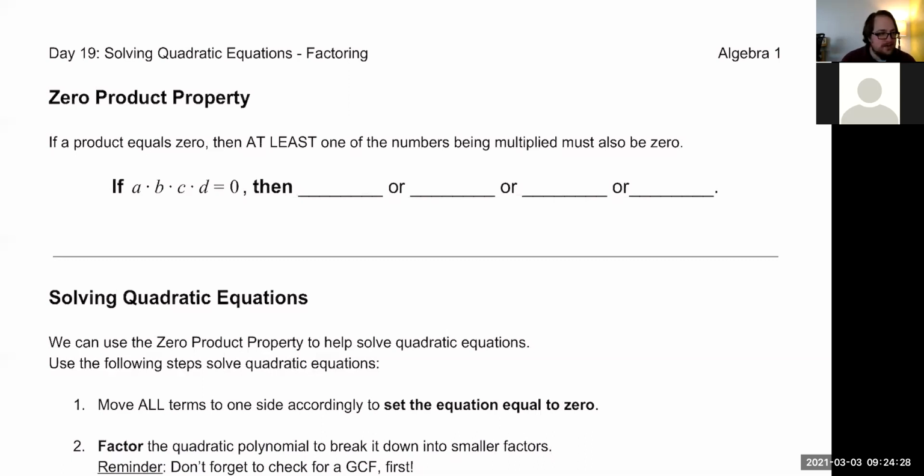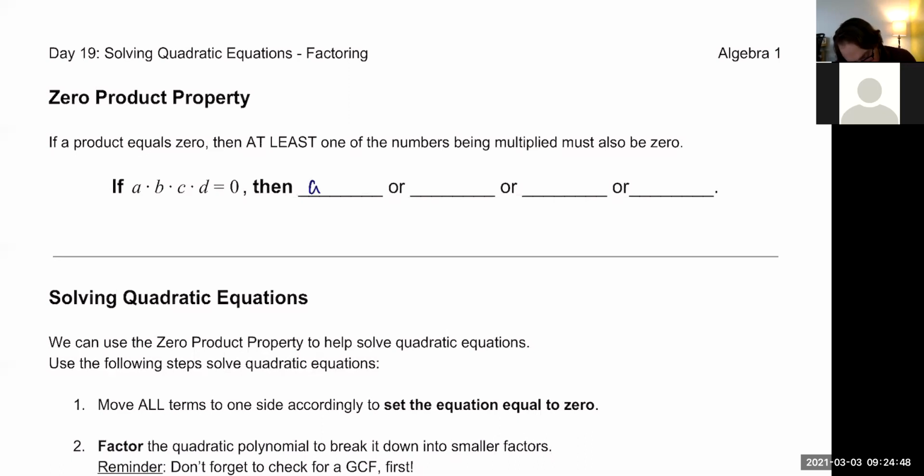So just a very brief statement here, just to tie it into what it looks like in an equation. It says here that if you have A times B times C times D, and you know that that product equals 0, then at least one of 4 things has to be true.